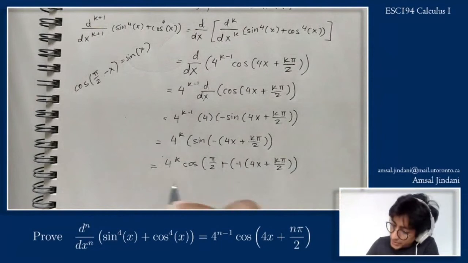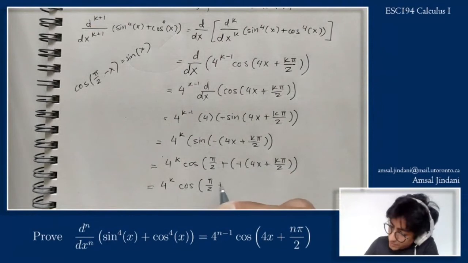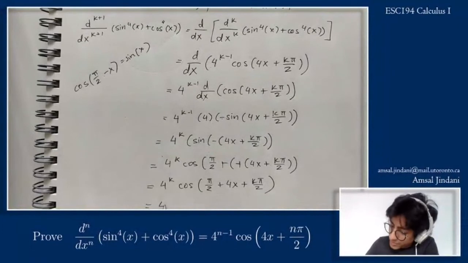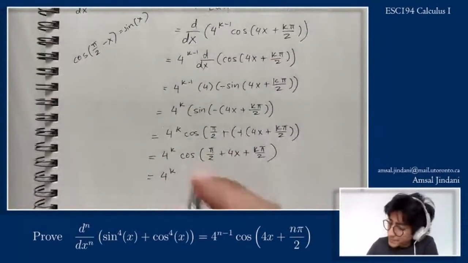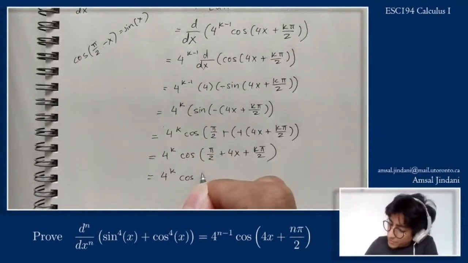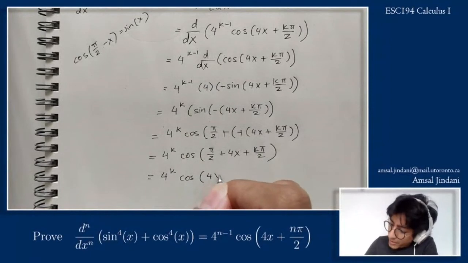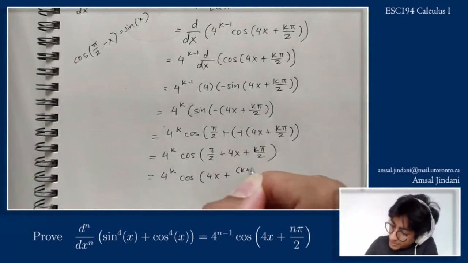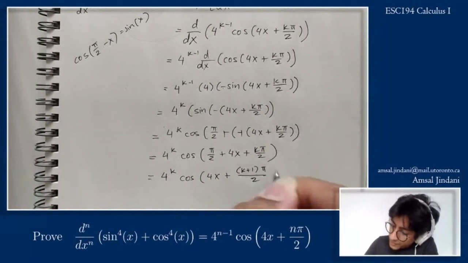The minus and minus signs are going to cancel out. So I have 4 to the k cosine of pi over 2 plus 4x plus k pi over 2. And then we can combine the pi over 2 terms. We have 4 to the k cosine of 4x plus k plus 1 times pi over 2.